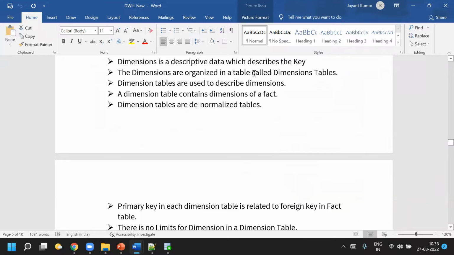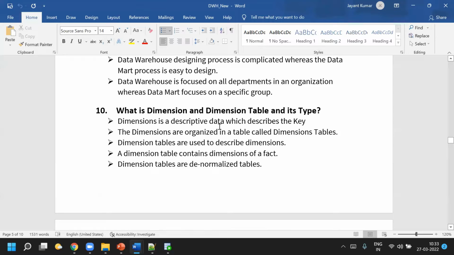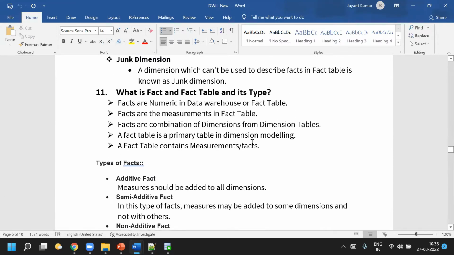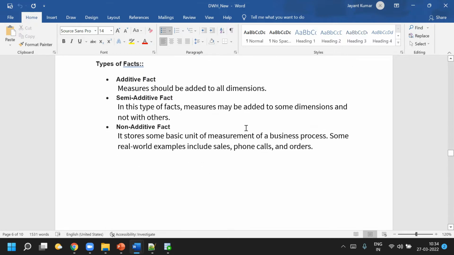So with the dimensional data model, we see the organization of the dimension table and the fact table. You can read this numeric definition and tell the same thing in the interview also. When we work more, we will see more details on the dimension table and fact table.